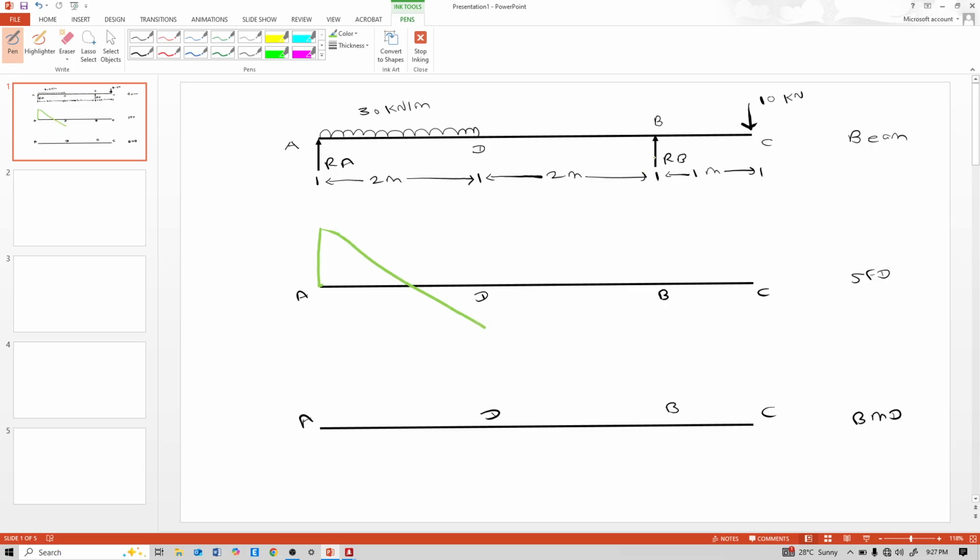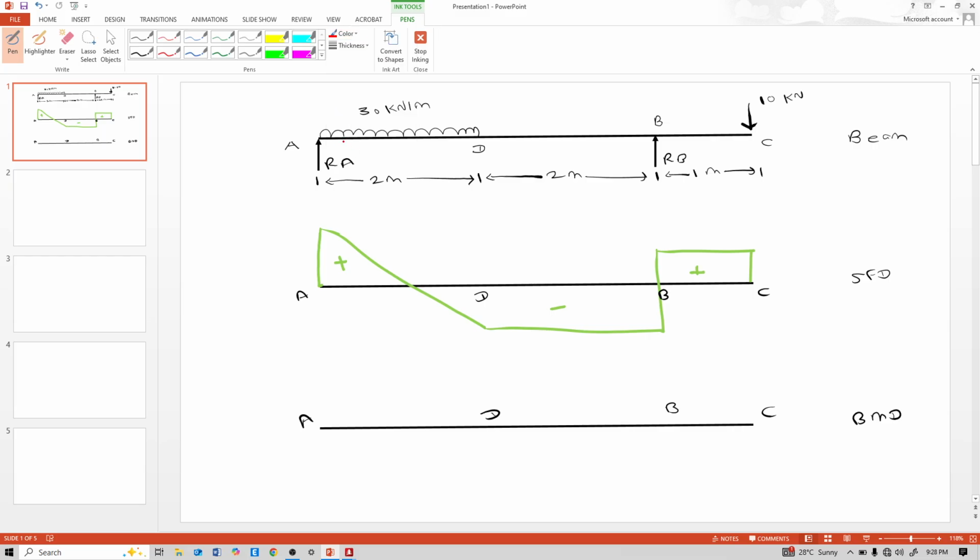Between D and B there is no load, so a horizontal line for shear force. At point B there is vertical reaction RB. Between B and C there is no load, so a horizontal line, and at point C there is a downward 10 kN load. So here this is positive, this is negative, this is positive.